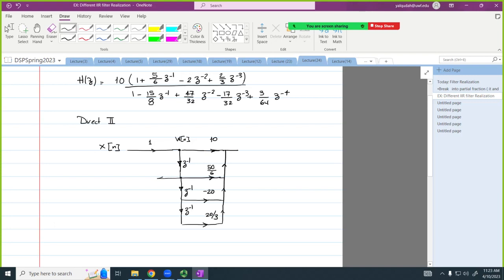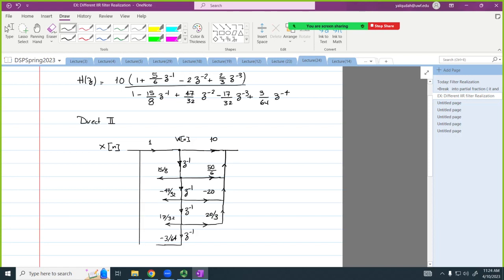And we're going to take 15 over 8, negative 47 over 32, negative 17 over 32, and we're going to need one more. This is z to the negative 1, that is negative 3 over 64, and then we're going to add all these together.